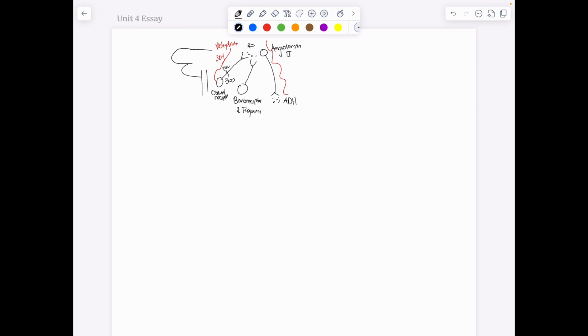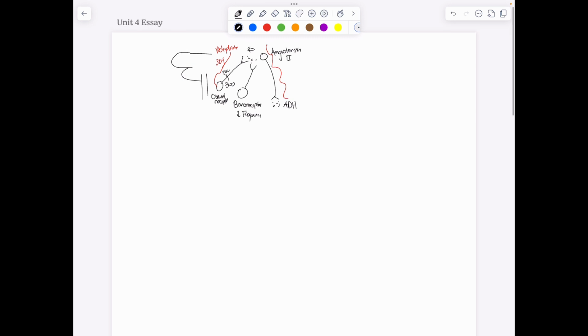And then I'm going to talk a little bit about how this affects the lungs and all the different parts of the body. So I'm going to draw lungs here, and then a brain, our liver, and our kidney.